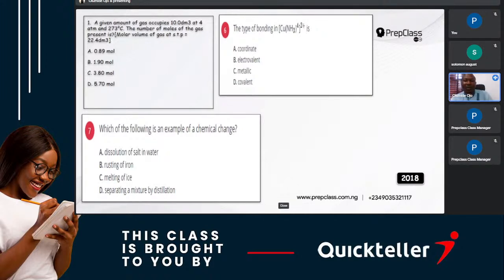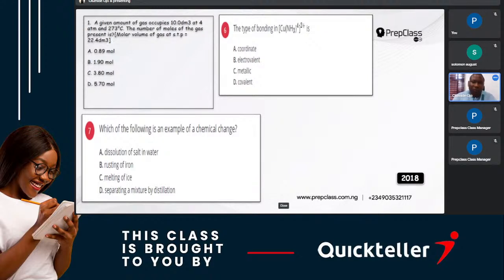We have A, coordinate bond, B, electrovalent bond, C, metallic bond, D, covalent bond. Another name for dative bond is what? Coordinate bond. Good. So the answer is A, coordinate bond.